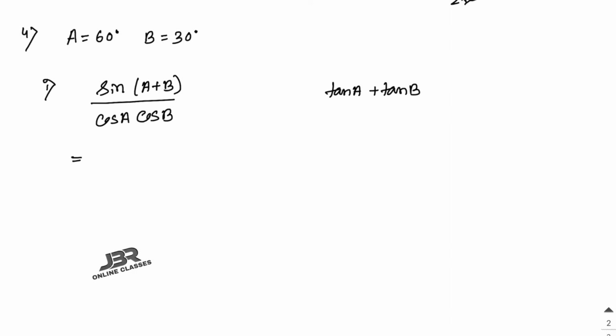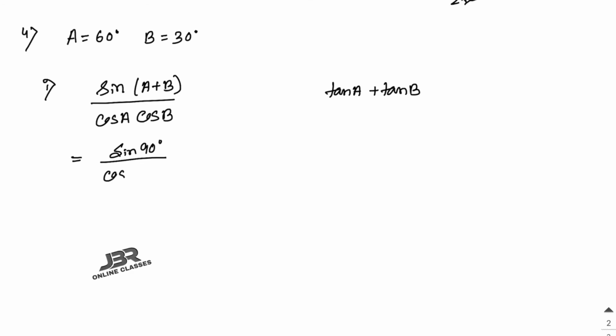Here first one verify that sin A plus B divided by here cos A, then here cos B, that one equal to here tan A plus tan B. You have to verify this one. So as here sin A plus B, that means 60 plus 30, so that one equal to here sin 90 degree.